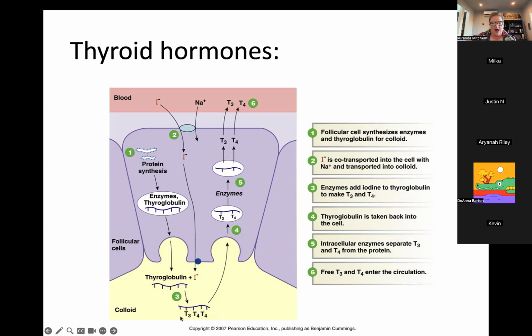We've got T3 and T4 now because we've basically added iodine onto the tyrosine part. And enzymes are going to then separate out T3 and T4, free it from the thyroglobulin backbone. Then those T3 and T4 are going to move into the bloodstream.